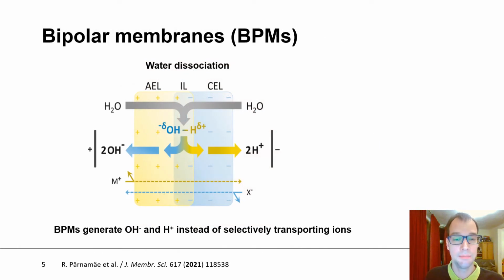A special type of ion exchange membrane is the bipolar membrane. A bipolar membrane combines an anion exchange membrane with a cation exchange membrane, basically putting them on top of each other.